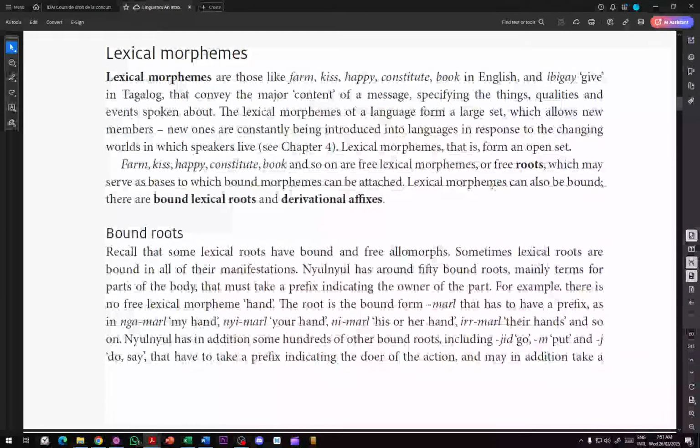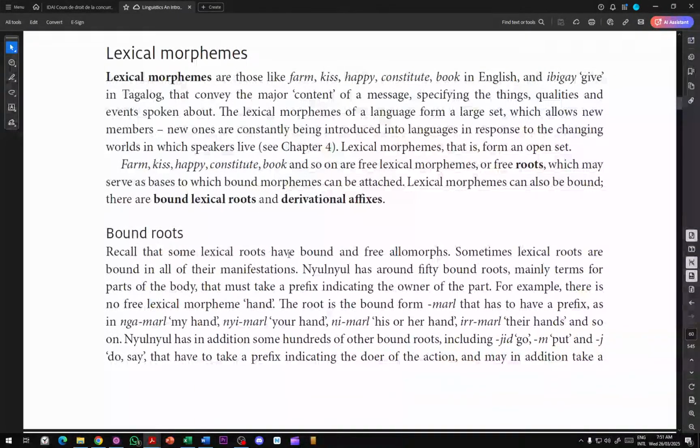And affixes are the bound morphemes that are attached to the free morpheme, either at the beginning or the end or the middle. Anyway, bound roots.